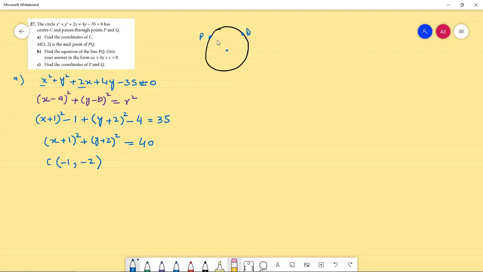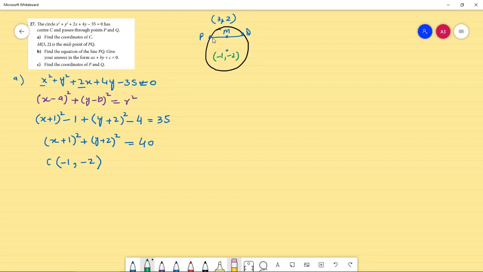So this is the center. So he gave us the midpoint of PQ. The coordinates of the midpoint are 3 and 2. And we also have the coordinate of the center, and this is -1 and -2.